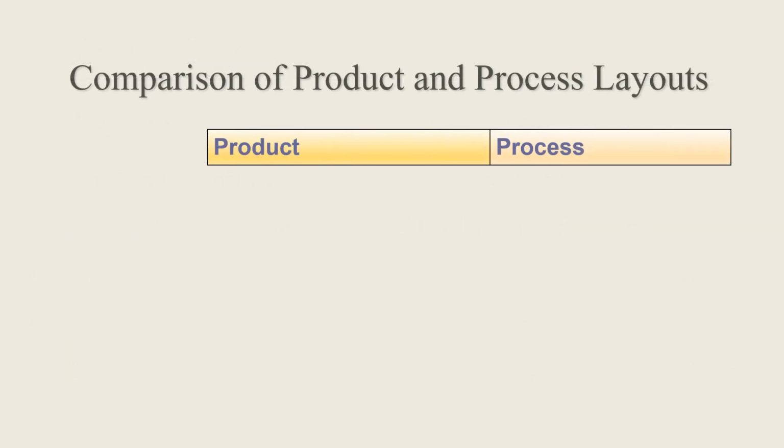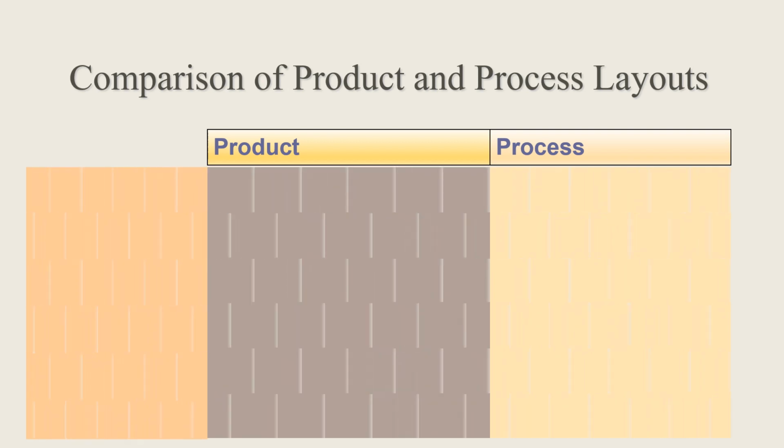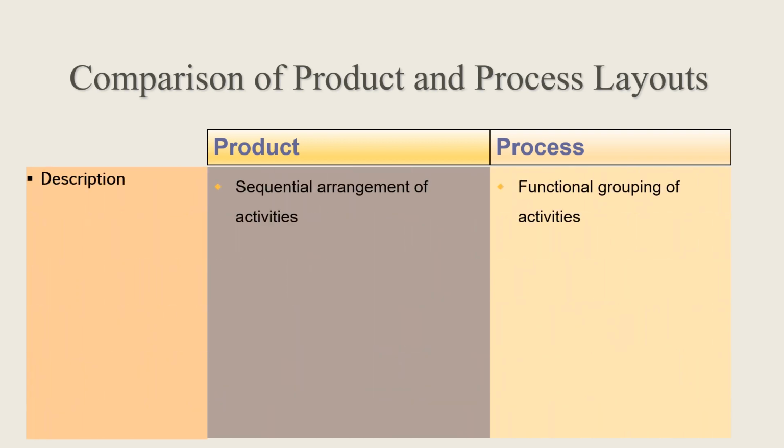Now let's compare the product and process layout. In the product layout, you can see a sequential arrangement of activities, or a proper order of activities. In the process layout, either workers or machines are grouped together depending on the specialized task.